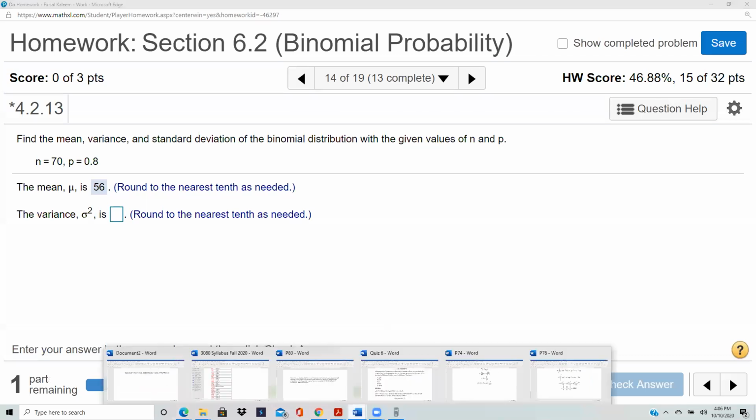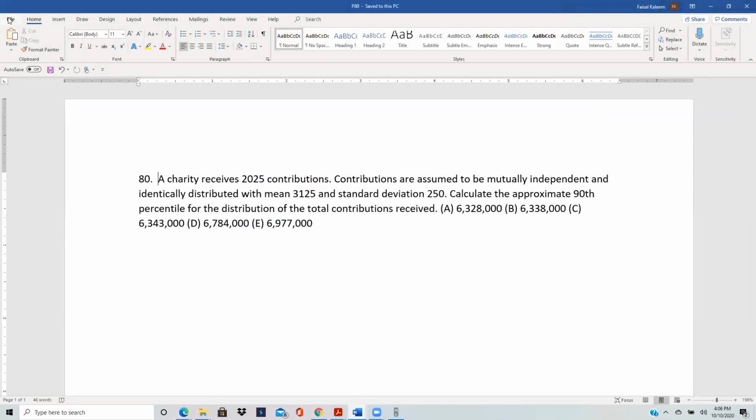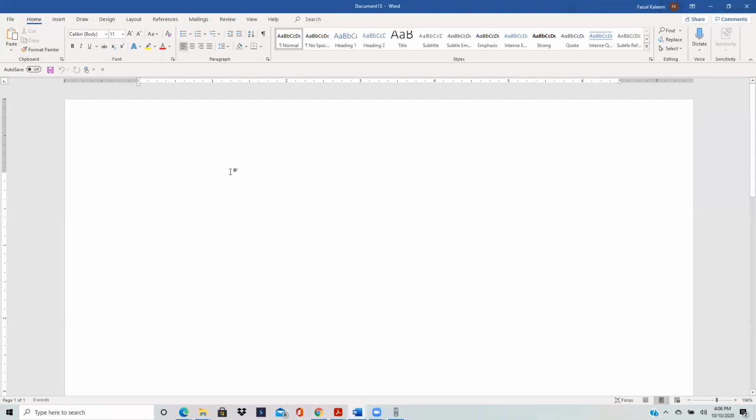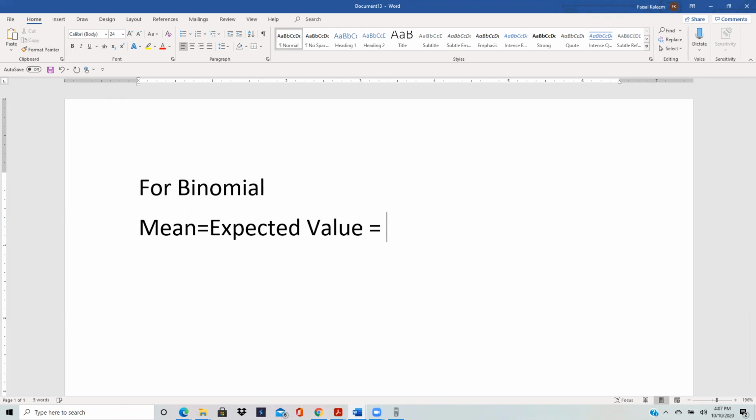And let's actually write it down that for binomial, the mean or the expected value equals n times p, and the variance equals np times 1 minus p.